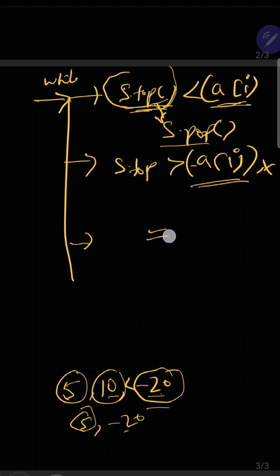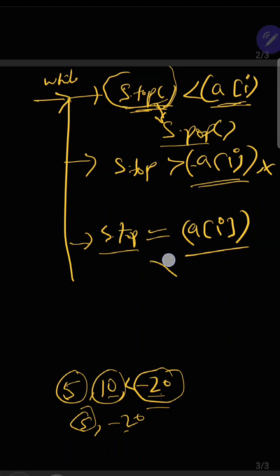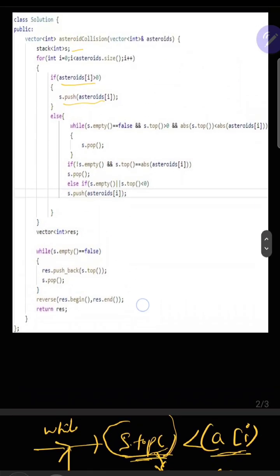And another condition: if the magnitude of both is the same, then both will explode, which means we will pop the existing one and we will not append the upcoming one also. So three conditions happen.